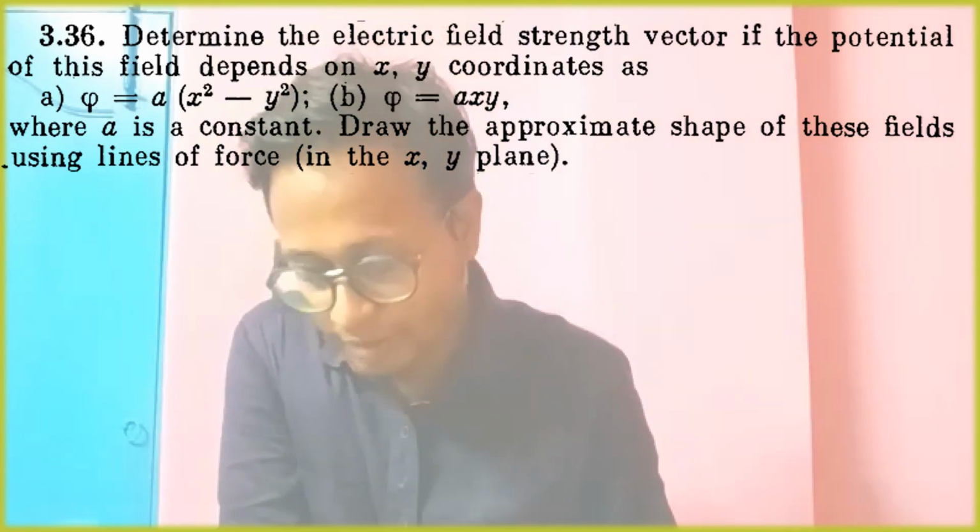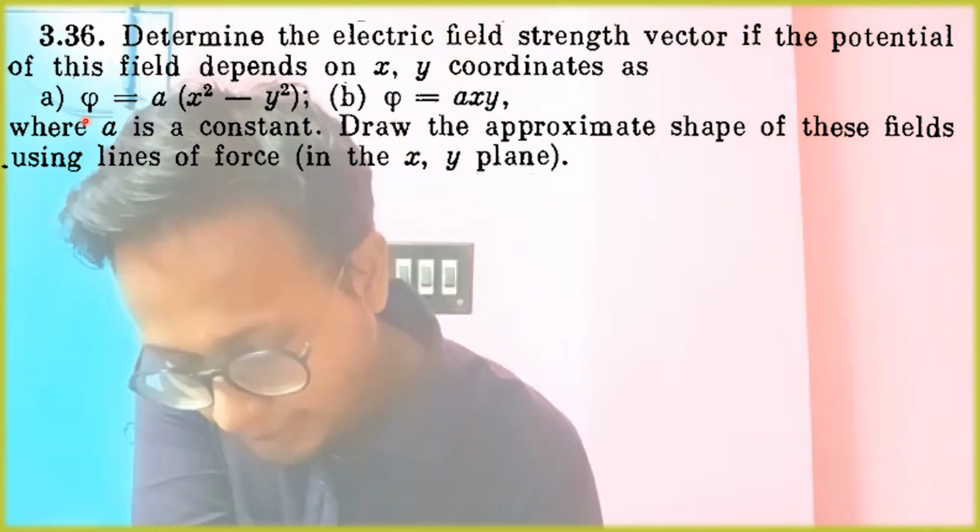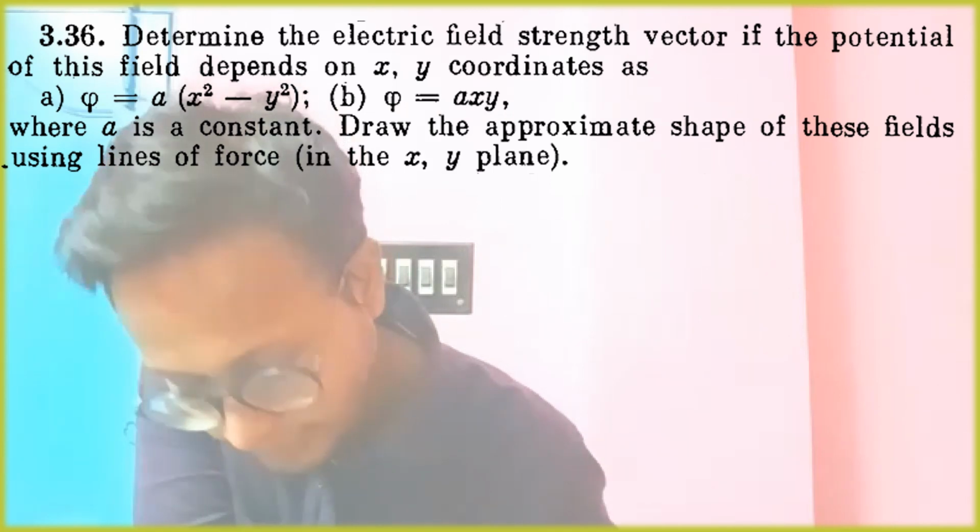Now this part of the question becomes simple. Two equations of potential are given. We have to find out the electric field of this one and the electric field of this one.